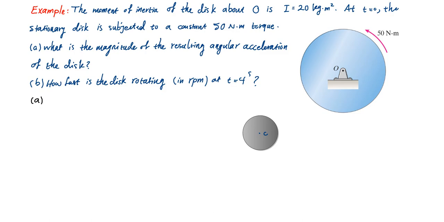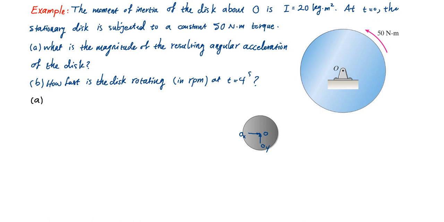We have two forces applied to that point. These are the forces from the floor or the ground where the disk is pinned. So this, let's say, is OY, and the force in the X direction, OX.